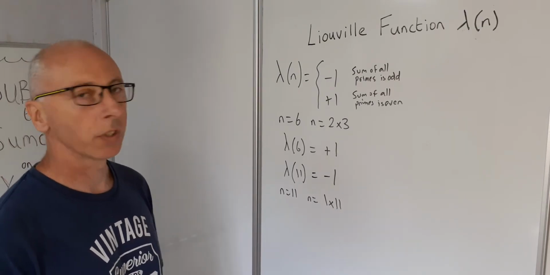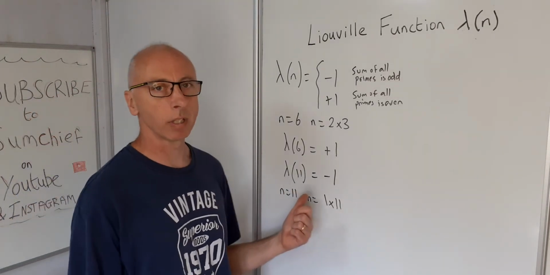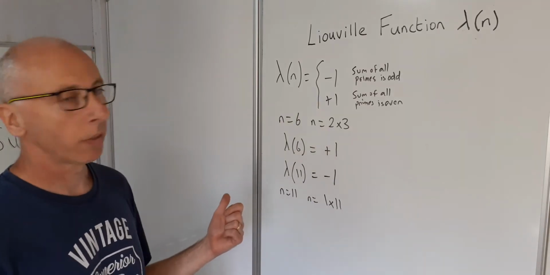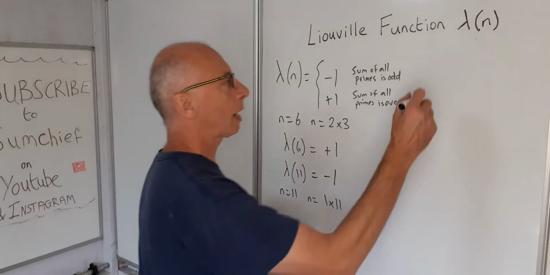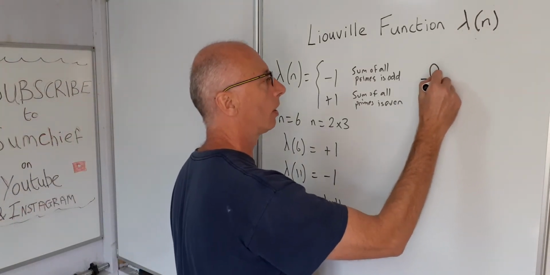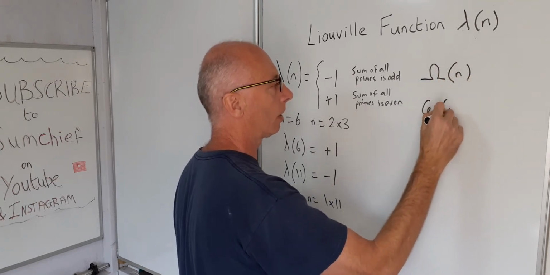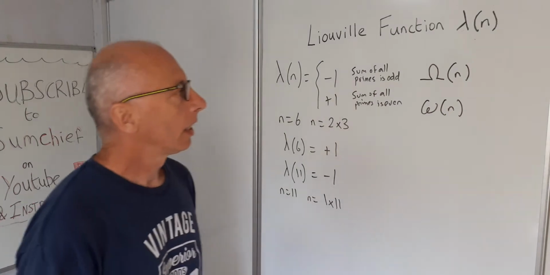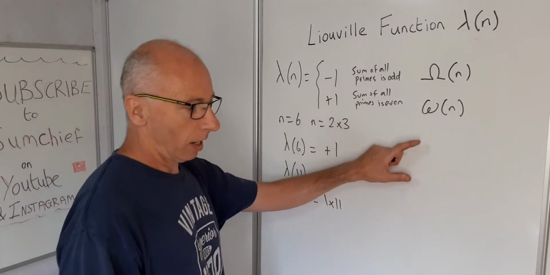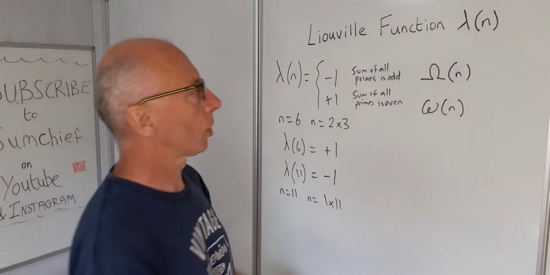Now there's a couple of other functions that are related and needed when you're working with the Liouville lambda function: capital omega of n and lowercase omega of n. These are the prime omega functions.